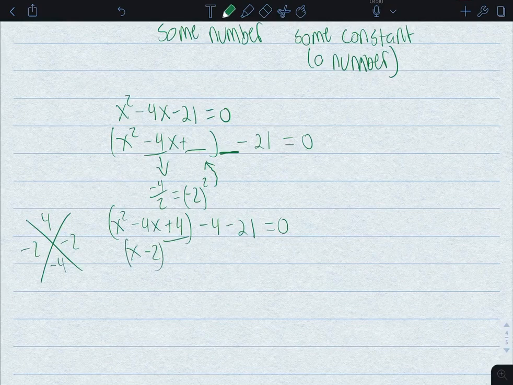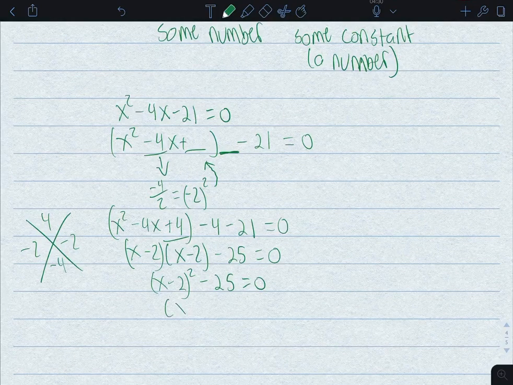So we have x minus 2 times x minus 2, and on the outside we have a minus 4 and a minus 21, which together make a minus 25. Those are equal to 0 still. Since it's the same factor multiplied by itself, we abbreviate that to x minus 2 squared minus 25 equals 0.